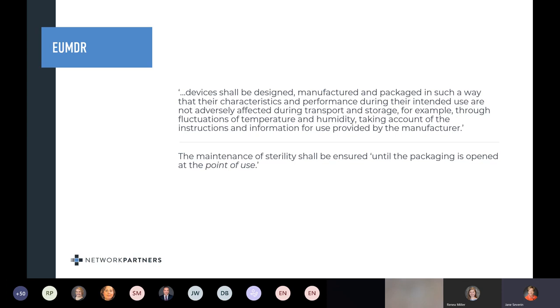The EU MDR also states that the maintenance of sterility shall be ensured until the packaging is opened at, again, the point of use. The EU MDR goes into effect on May 26, 2021, so you must comply by then to maintain your CE mark. And again, through all of these regulations, we see point of use being used frequently.